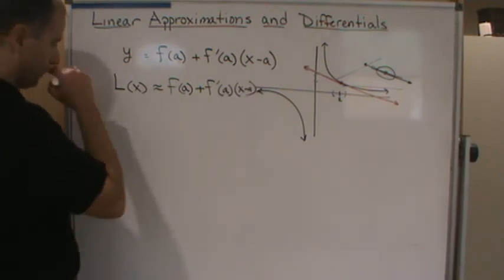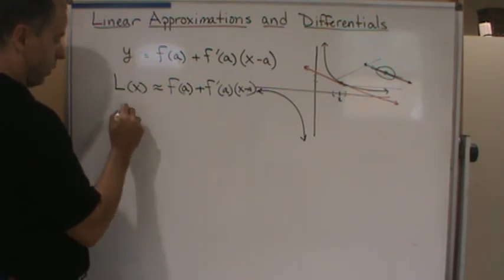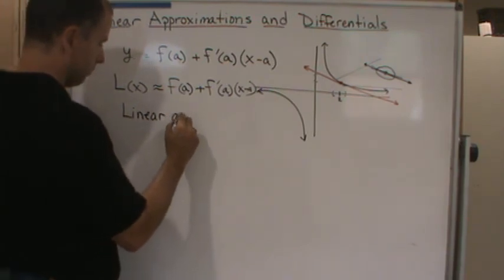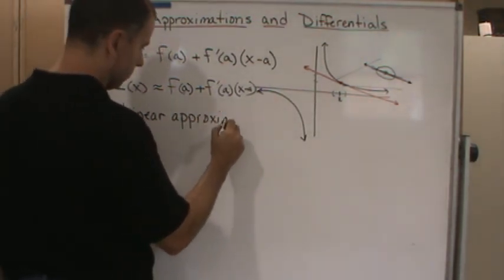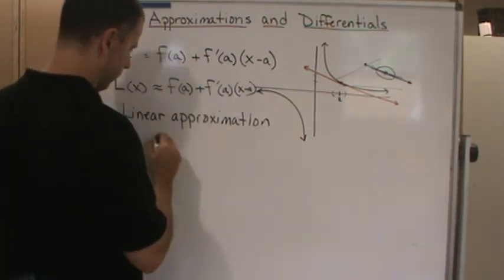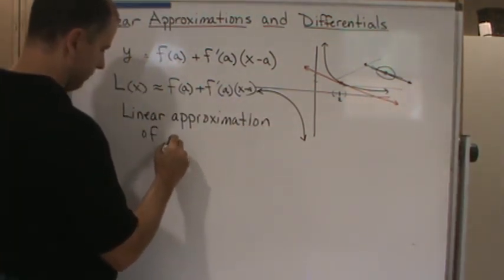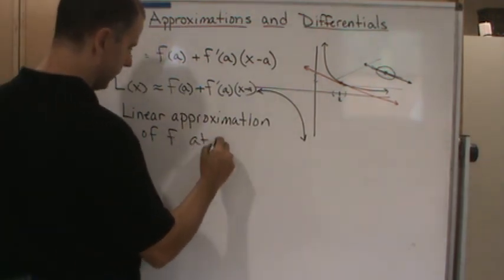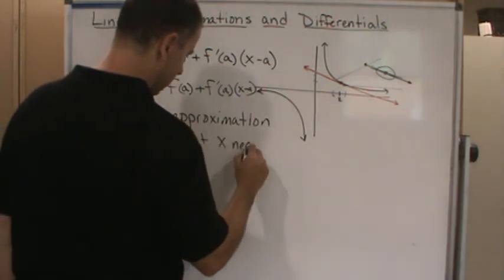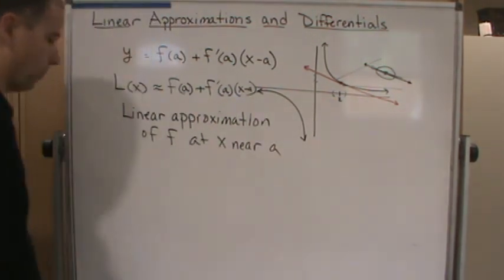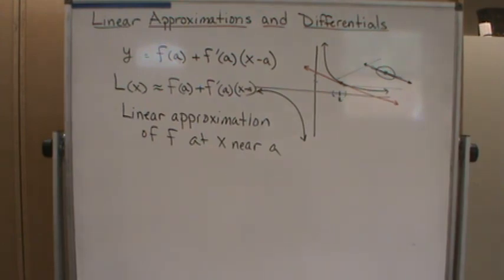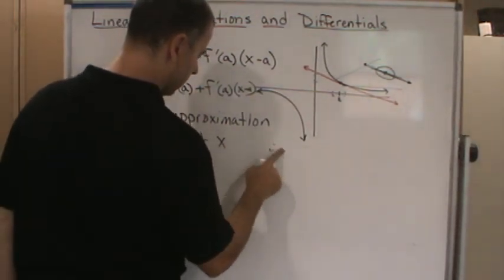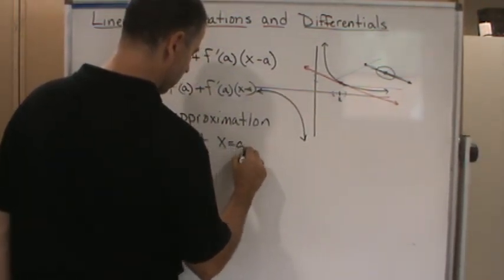So let me write this down. This is going to be called the linear approximation of f at x near a, so that's one way of saying it. Or x equals a, I'm sorry. In this case, x equals a. Okay.